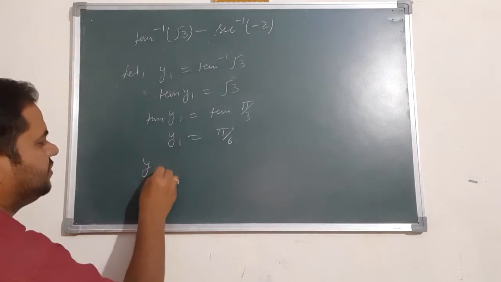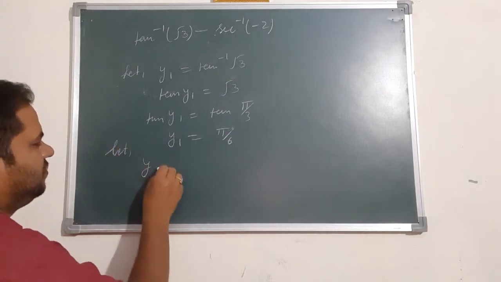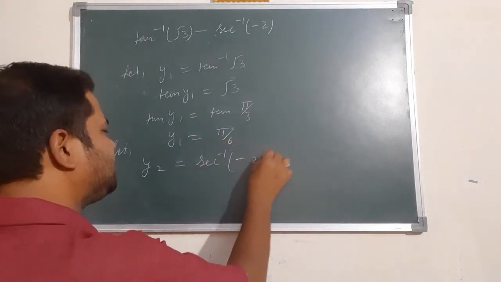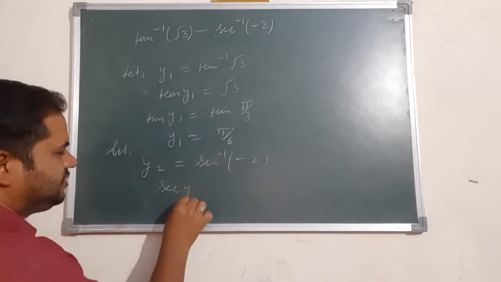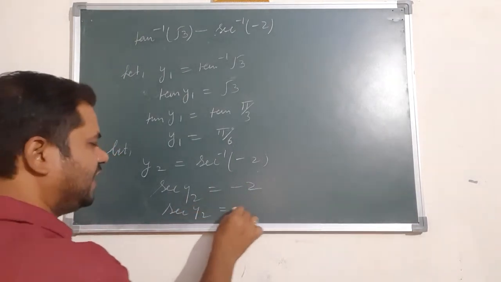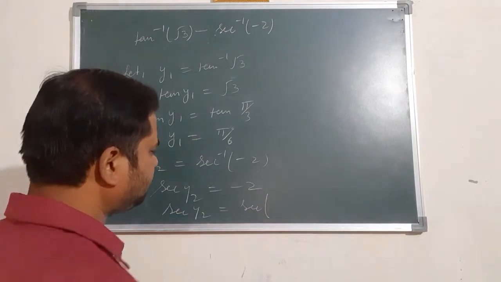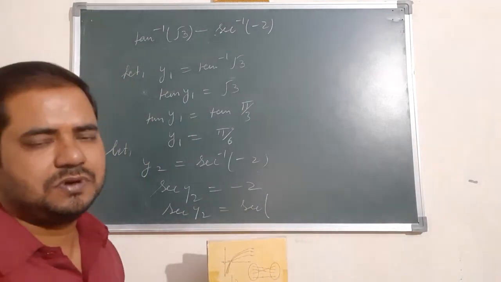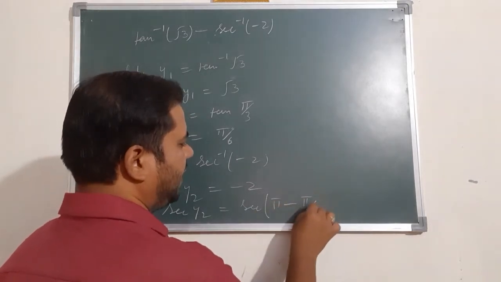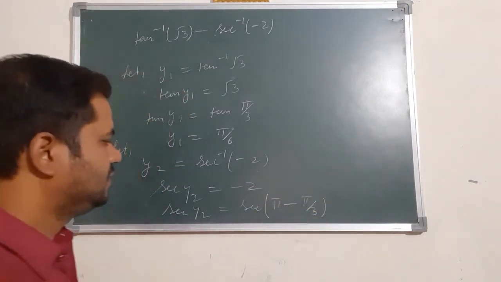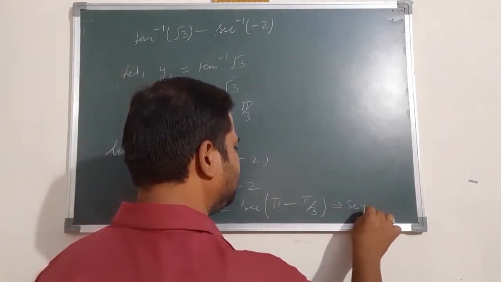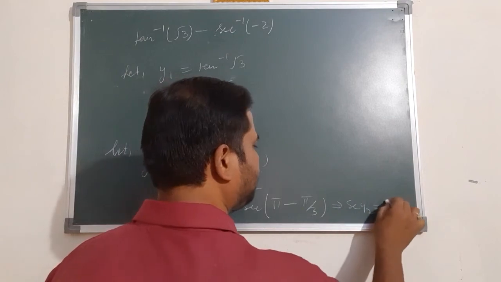Similarly, let y2 be equal to sec inverse of minus 2. So sec y2 is equal to minus 2. So sec y2 is equal to sec of, obviously, pi minus pi by 3, so sec y2 is sec 2 pi by 3.